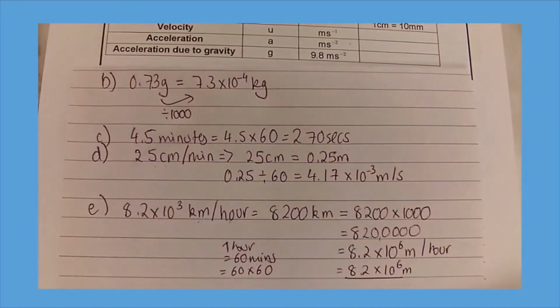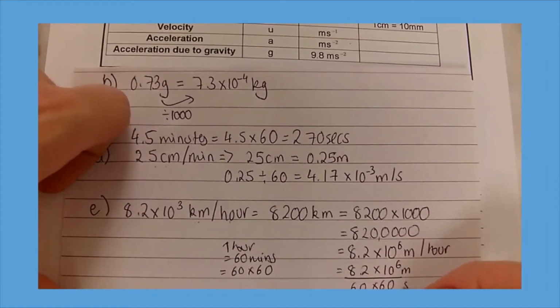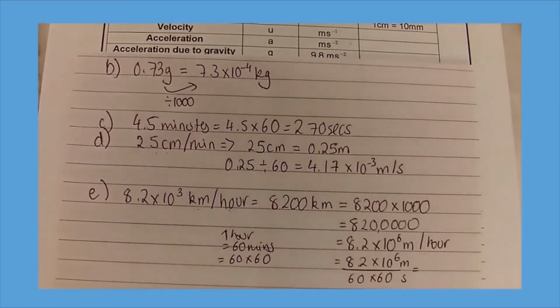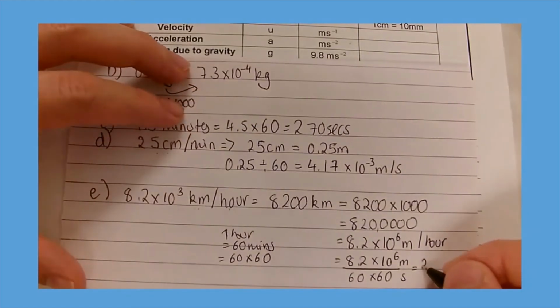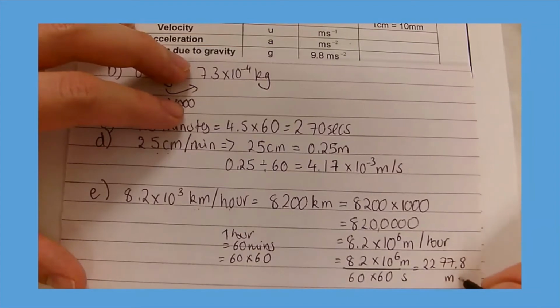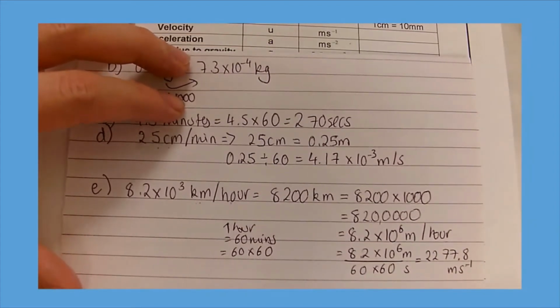So you divide by 60 times 60 seconds, and that will give you the meters per second. 8.2 times 10 to the power 6 divided by 60 times 60 will give you 2277.8 meters per second. So there's our answer for E.